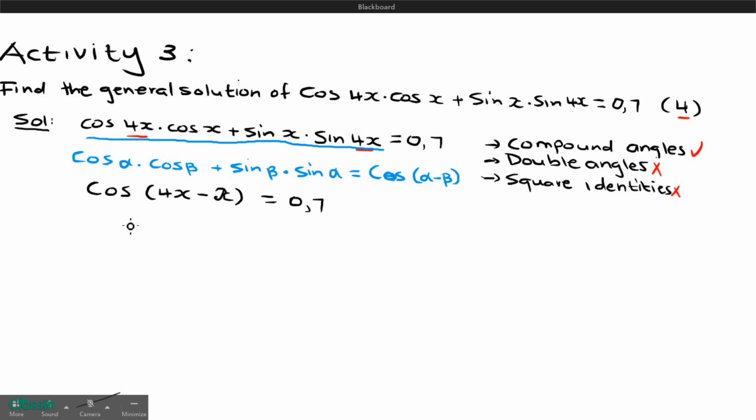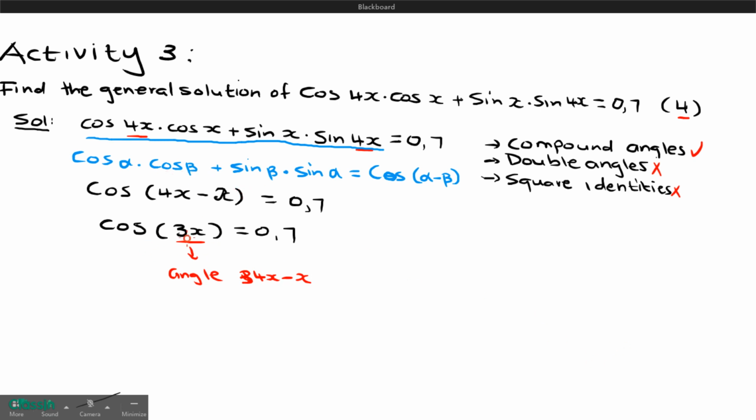Now cos of 4x minus x is the same as 3x, which equals 0,7. Now, 3x is our angle, and therefore let's not split this angle as 4x minus x, because if we do, we are going back to that.